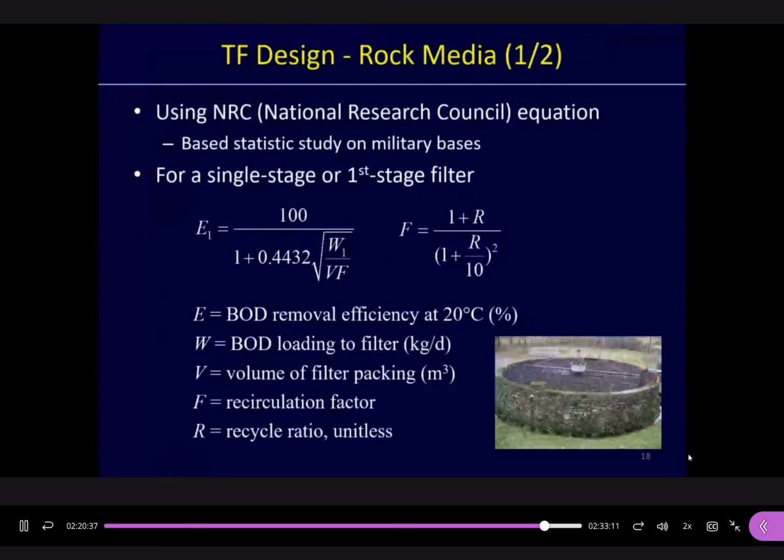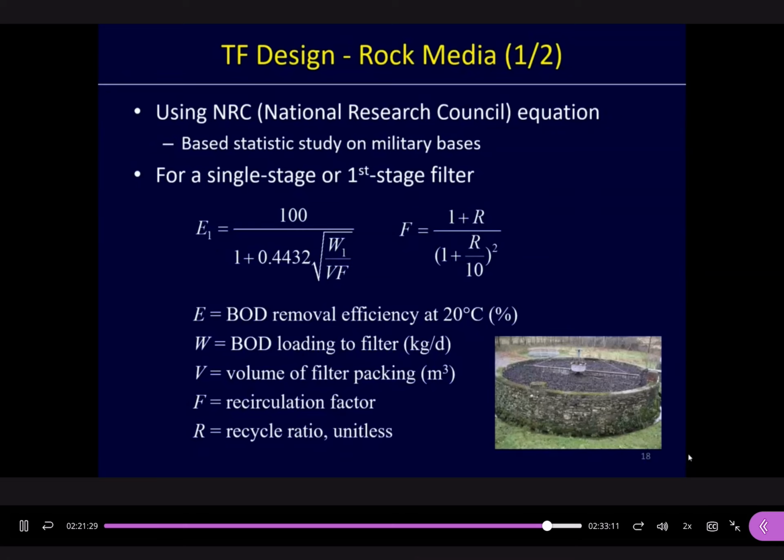Makes sense, right? And the third type is for rock media. So previously we were talking about plastic media. For rock media, we use the NRC equation, based on a statistical study. For single stage, removal efficiency equals 100 divided by 1 plus 0.4432 square root of BOD loading divided by volume divided by recirculation factor. What is recirculation factor? Recirculation factor is a function of recycle ratio.